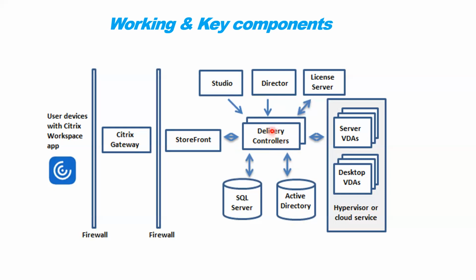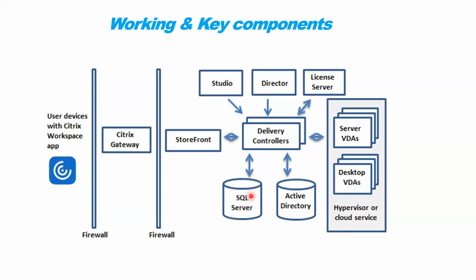Then, after successful validation of credentials, the delivery controller will forward the query to the SQL server, the database, like, boss, please cross-verify which virtual machines or which applications are published for that particular user, right?